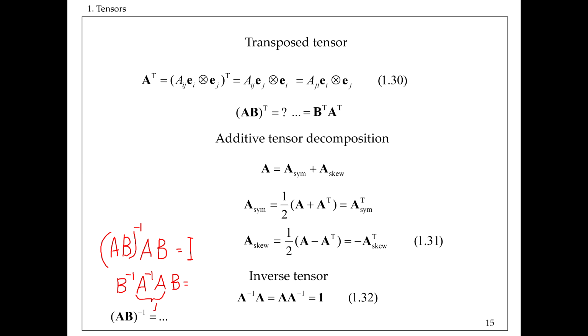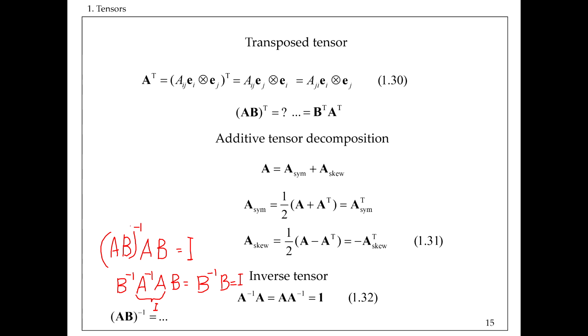Then this identity multiplies B and does not change it, so B minus 1 is still here, multiplying B.